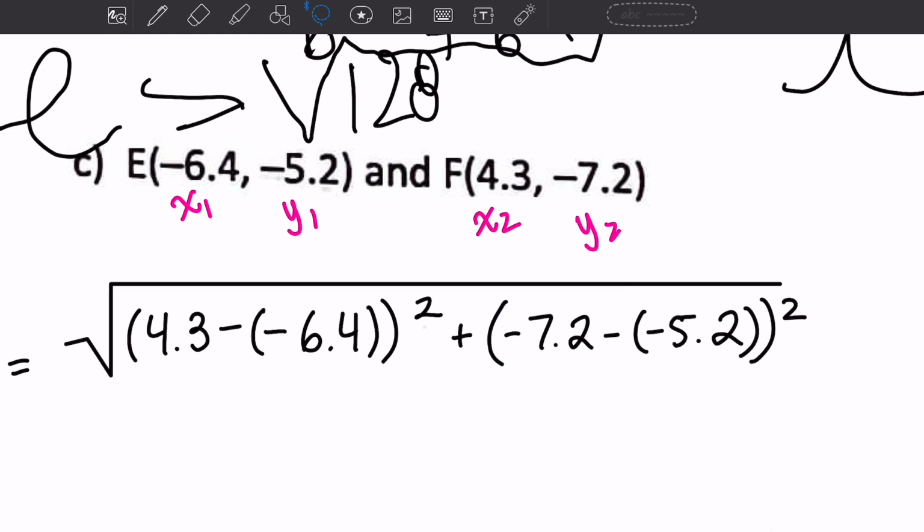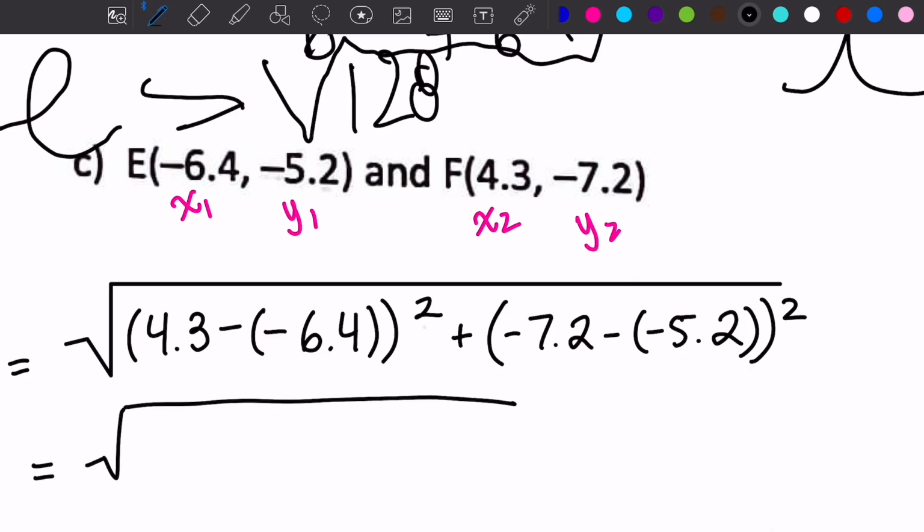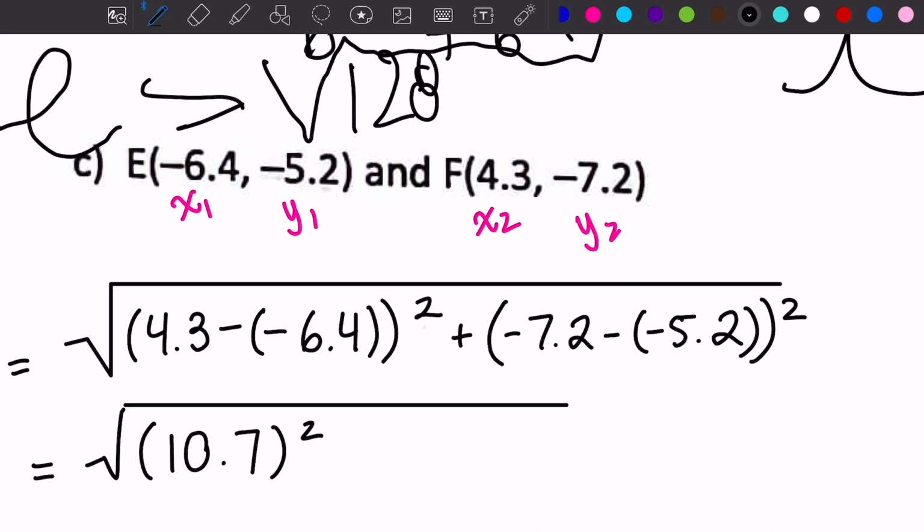Okay, this is where you might need a calculator. Mental math is a little harder for simplifying. It's okay. For my first one, what do we get? I get 10.7 squared. And then my second term is just going to be -2 squared.